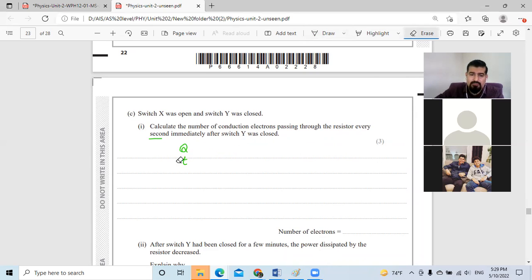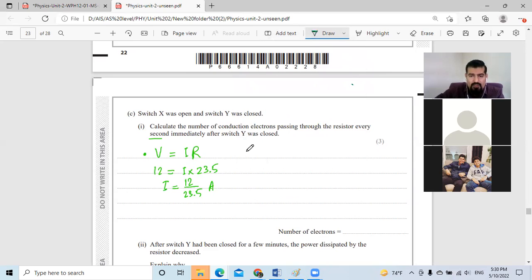V equals IR. So V, which is 12, equals I, which is unknown, multiplied by only one resistor, which is 23.5 or 24. So the current will be 12 divided by 23.5, which is approximately 0.511 amperes. This is the first step.